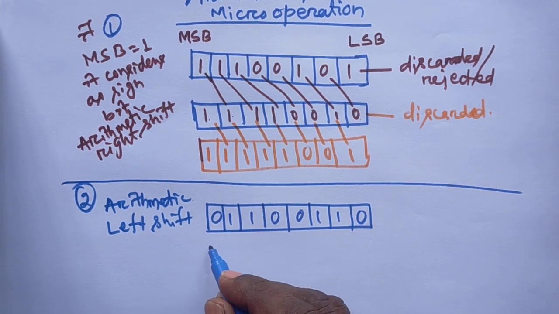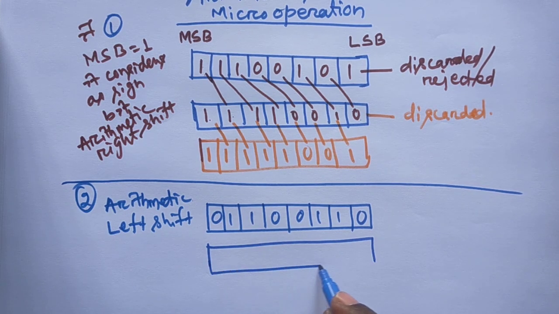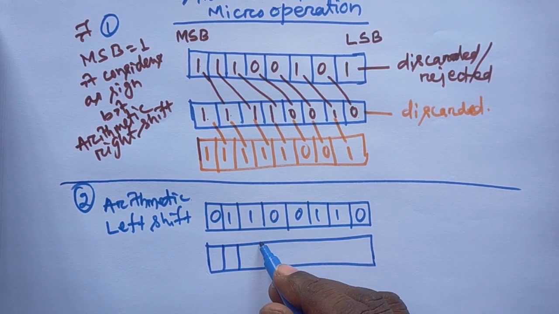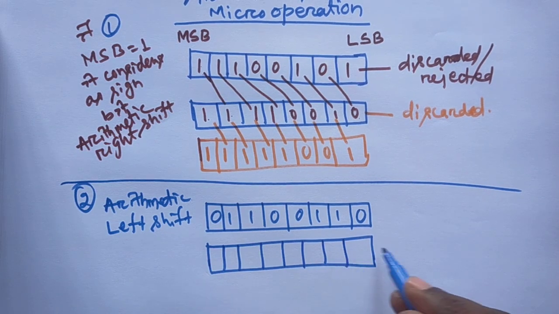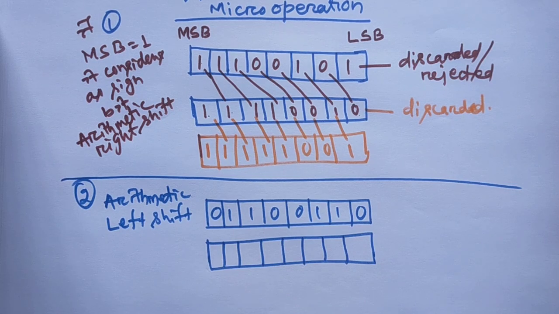Now you shift this one: 1 2 3 4 5 6 7 8. Now see, transfer from right to left, since it is a left shift.